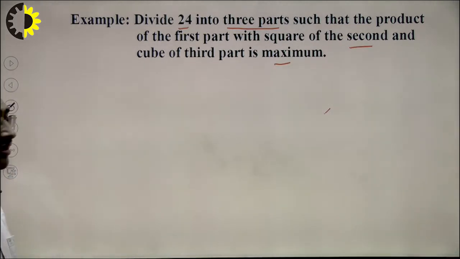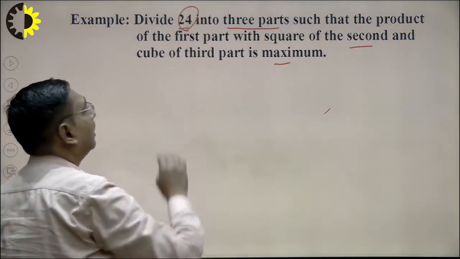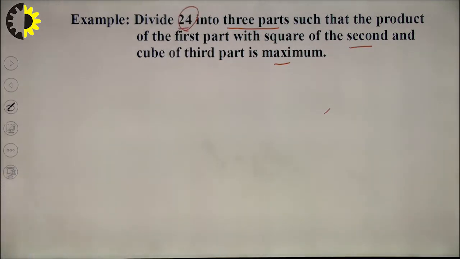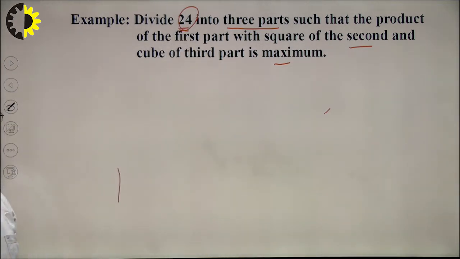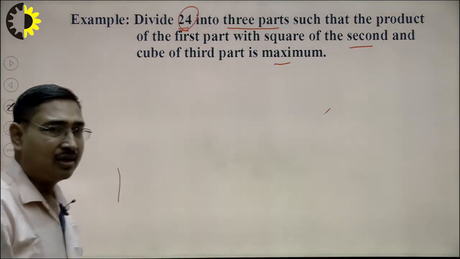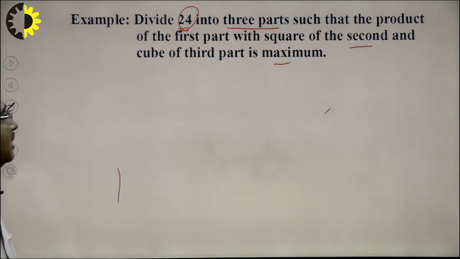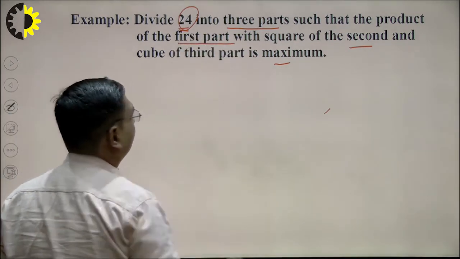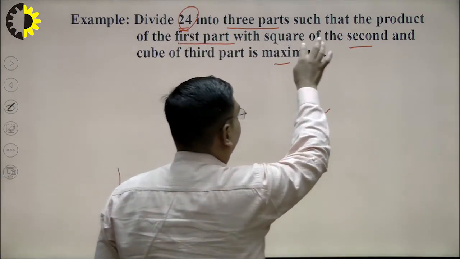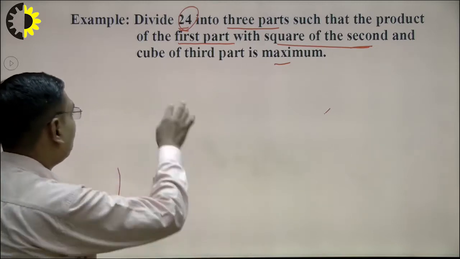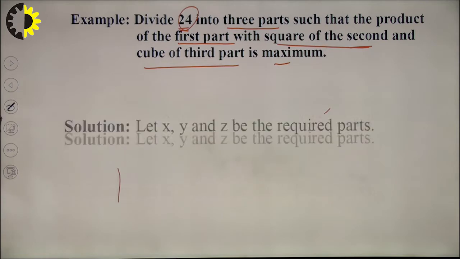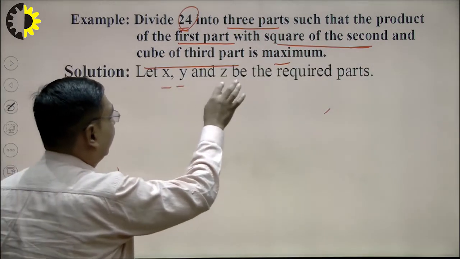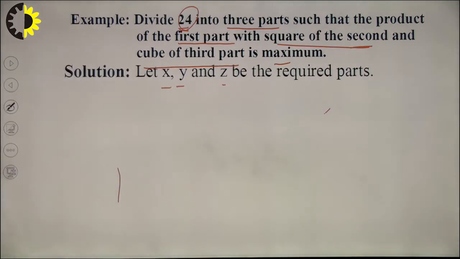We are given a number 24 and we want to find 3 numbers whose sum is 24 because we are to divide 24 into 3 parts. And what is the requirement with the parts? The requirement is the product of first part with square of second part and cube of the third part is maximum. Suppose x, y and z be the required parts.